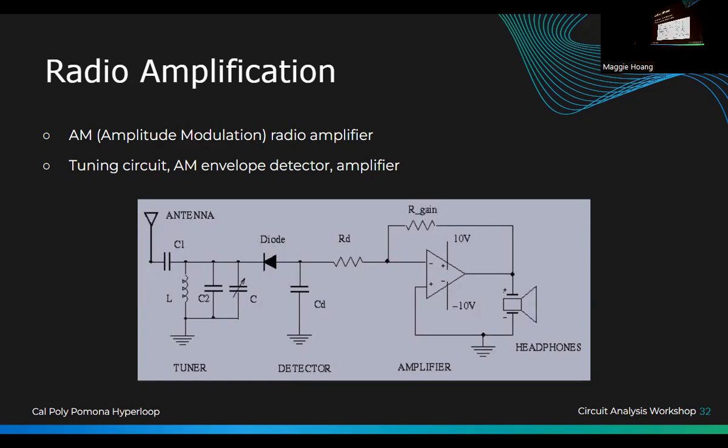And so when it goes into the antenna, this is what it sees, right? And it can't read this because this is two different signals. You have the carrier and the envelope. So the detector is basically just going to take this top part, extract it from this whole signal, and then input it into the amplifier, right?